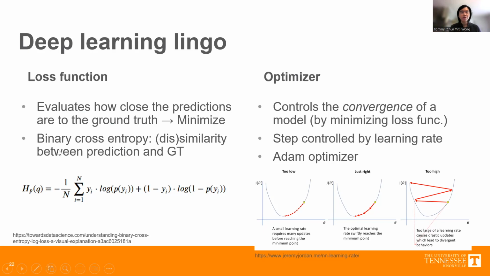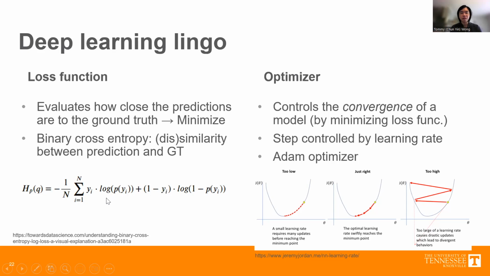And specifically for our case, if you only have two classes, say the background and whichever feature you are trying to identify, and there's only one type of feature, you'll use the binary cross entropy function, which without the negative sign measures the similarity between the predictions and the ground truth, and hence with the negative sign, we want to minimize this loss function to hopefully push it down to 0.